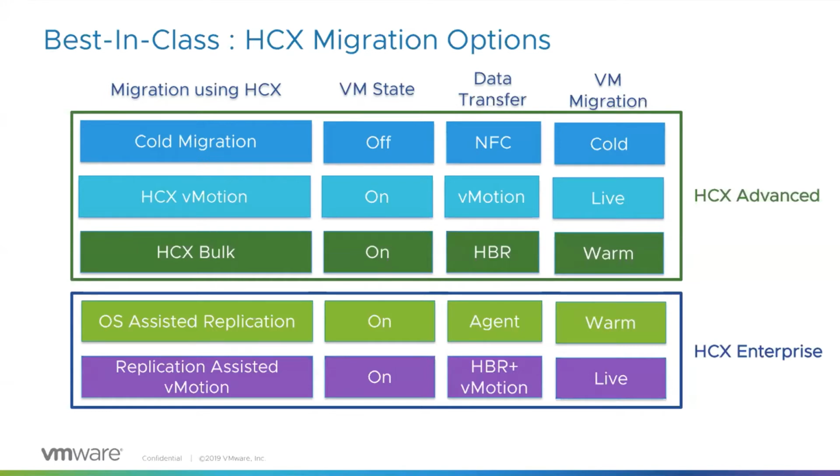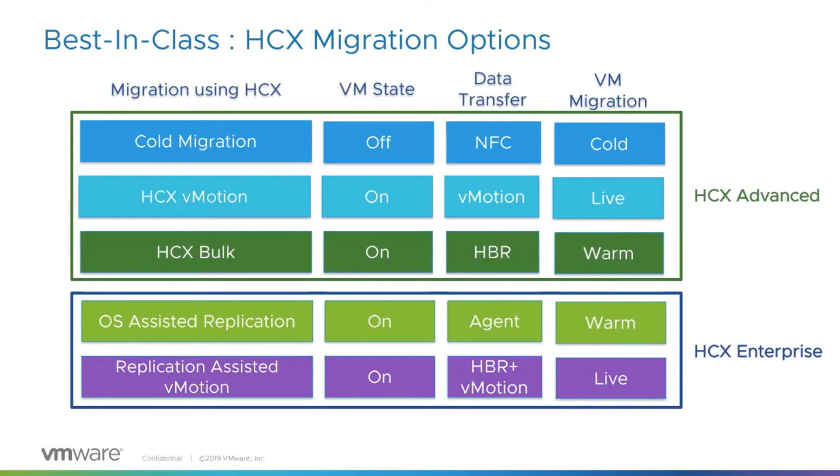Now, the good thing about HCX bulk migration is that your source always remains intact, which means rolling back, reverting the changes, is as simple as switching off the VM on the target and powering on the VM again on the source. So your source is still preserved. Whereas in the case of vMotion, the source is not preserved.